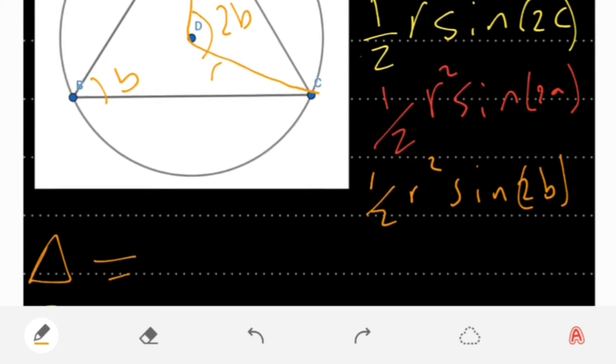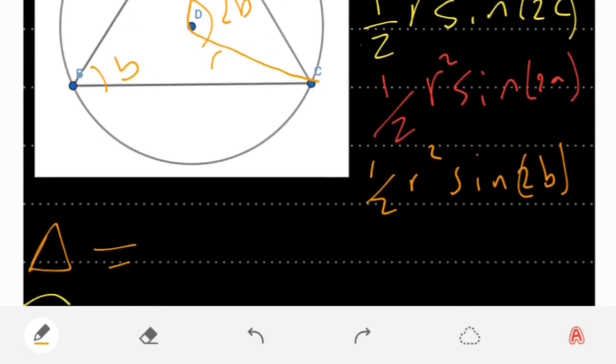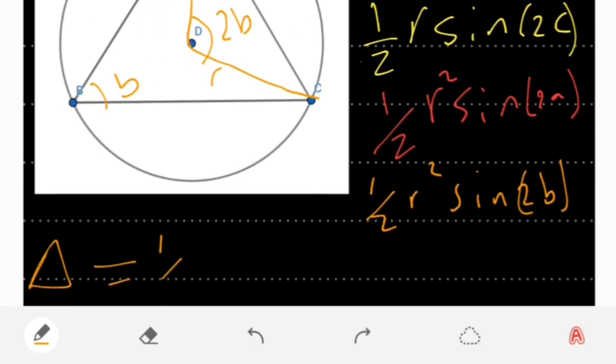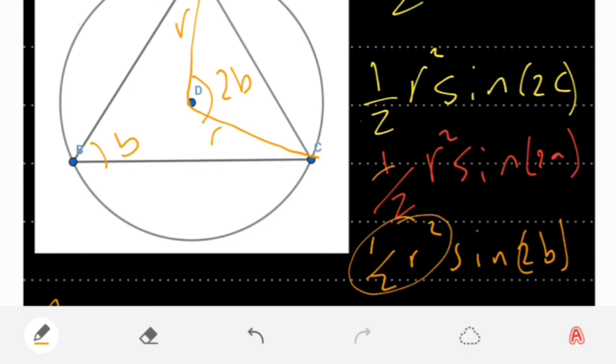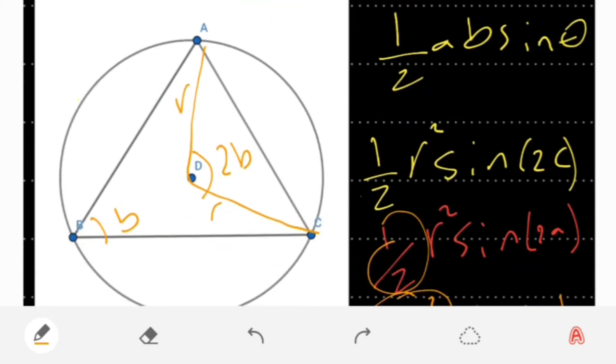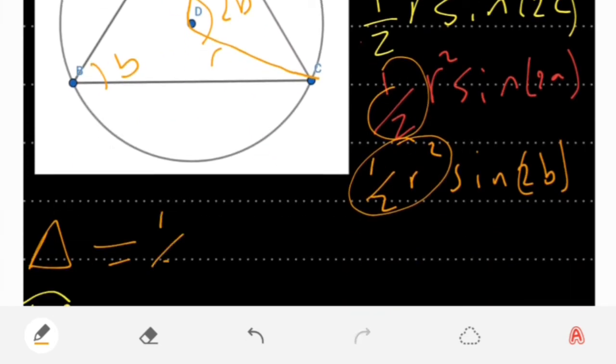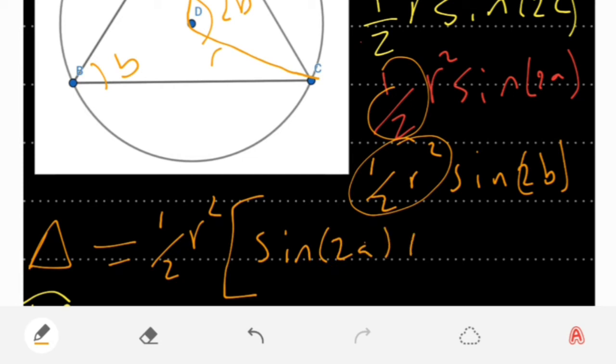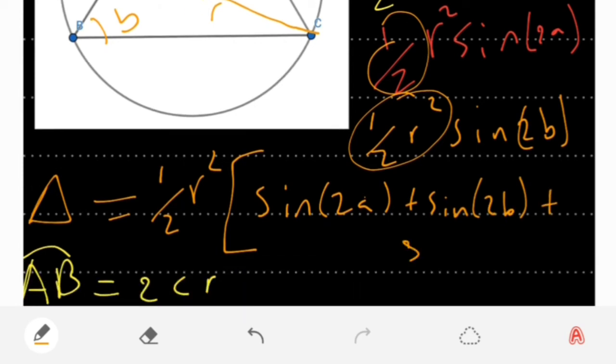So it would be 1/2 R squared sine. You can see that the 1/2 part and the R squared part, we have in all of them, right? When we are summing. And this is why I put it over here outside, because we can put it in evidence, right? So 1/2 R squared multiplied by sine of 2A plus sine of 2B plus sine of 2C, okay?